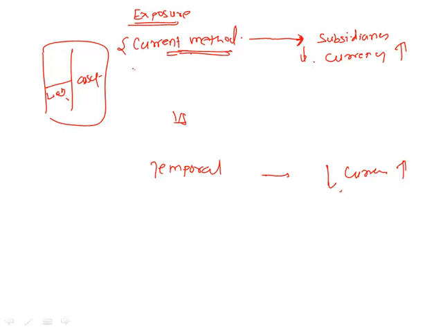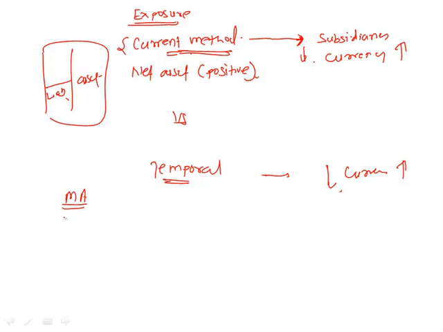That means that net asset would be a positive value, correct? That means my assets are more than my liability, and therefore if the subsidiary's exchange rate appreciates, I will have a positive benefit. But if the currency depreciates, then I will have a loss because my assets are more than my liabilities.